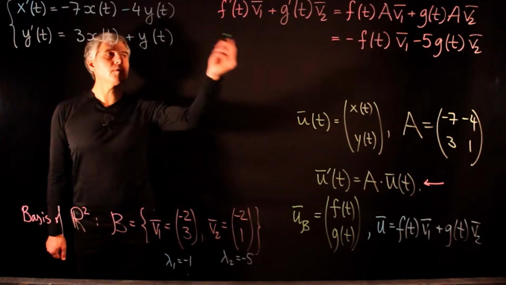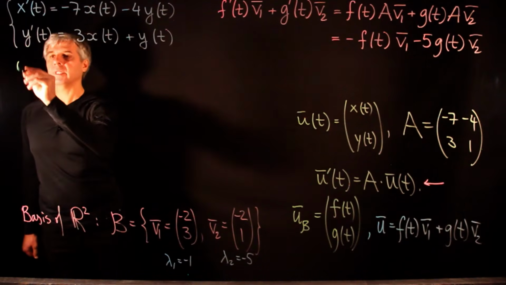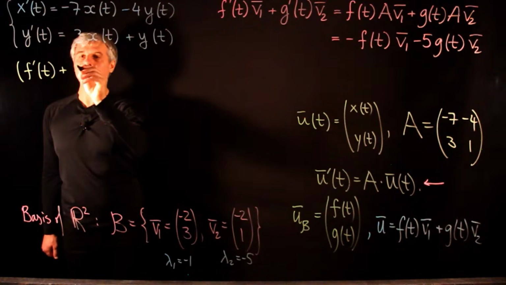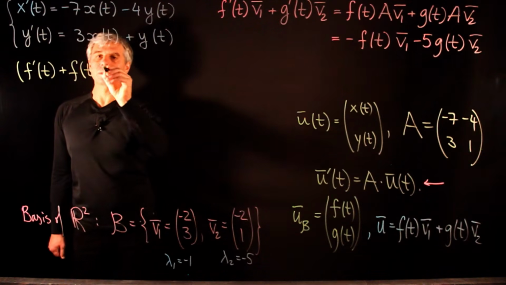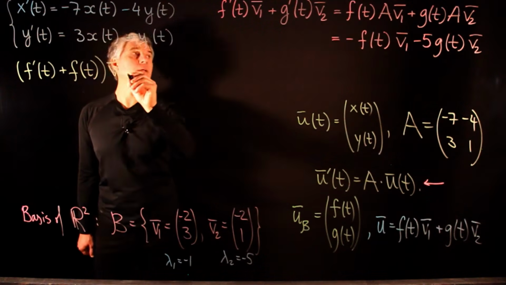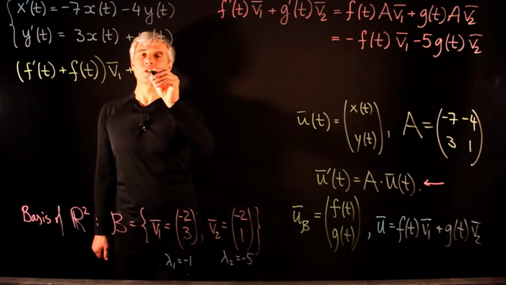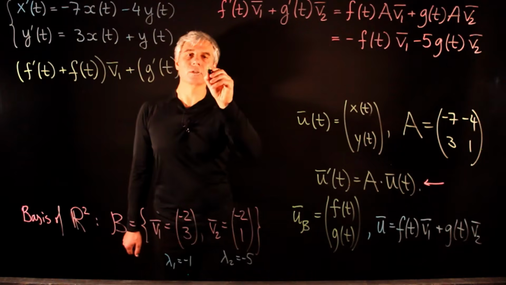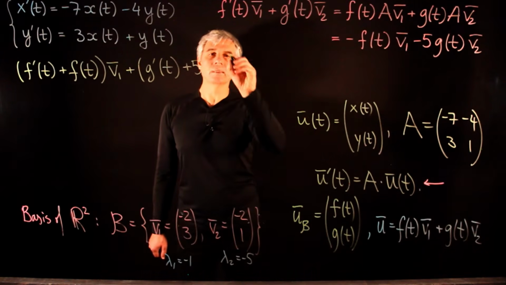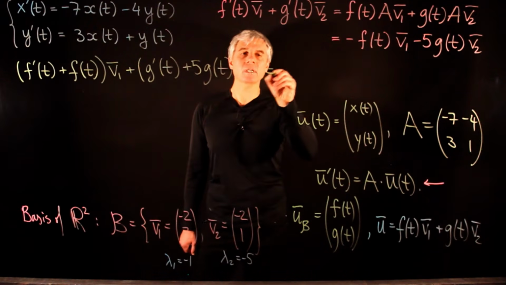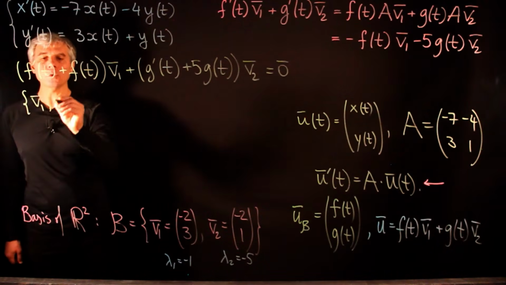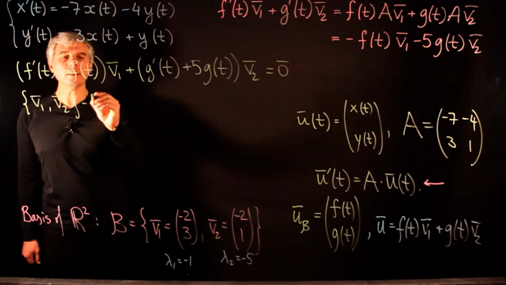Now let us move everything to the left-hand side. We will get f prime of t plus f of t times v1 plus g prime of t plus 5 g of t times v2 is equal to 0. But our vectors v1 and v2 are linearly independent.